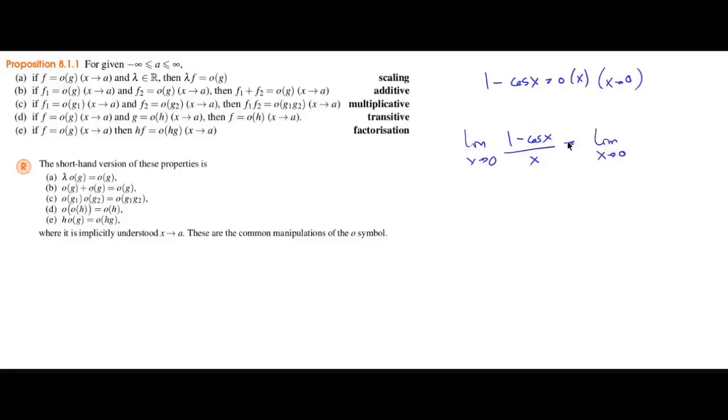So this is x squared divided by 2, divided by x, which is the same as x divided by 2, so the limit of this is going to be 0, right? So again, 1 minus the cosine is asymptotically equivalent to x squared over 2 plus small o of x. Okay, this is what this means.